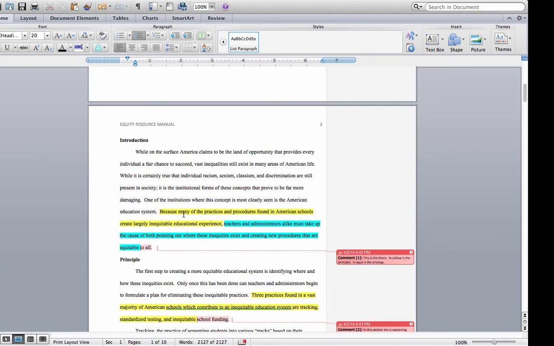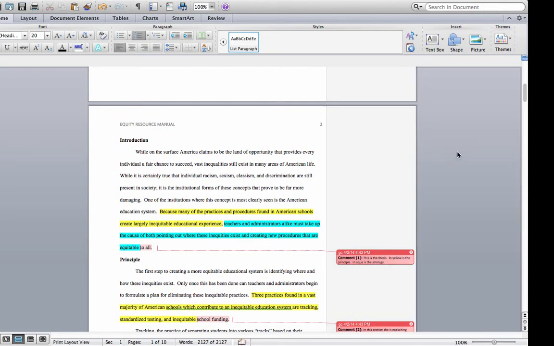So basically, the principle that this person is communicating is the fact that American schools create largely inequitable educational experiences. Then she points out that there are things that teachers, educators need to do to resolve that issue. And so that's the strategy part. Teachers and administrators must take up the cause of pointing out where these inequities exist and creating new procedures.